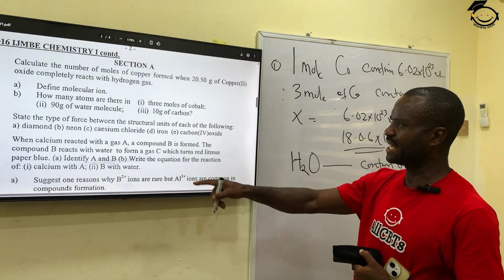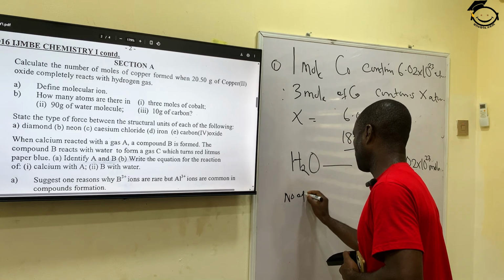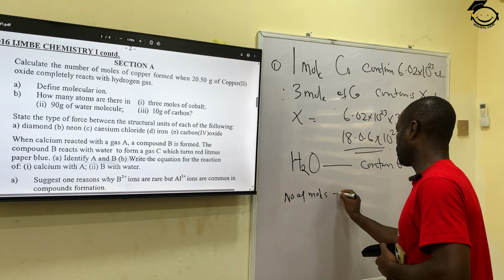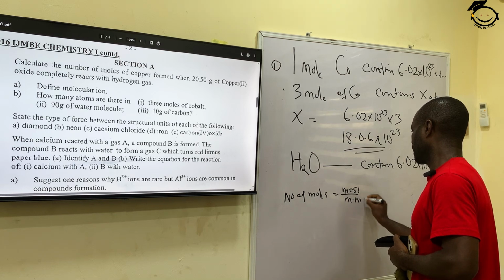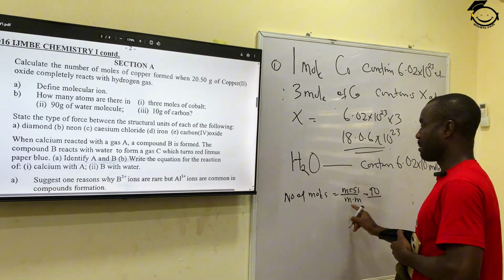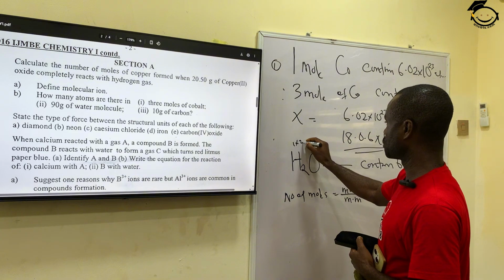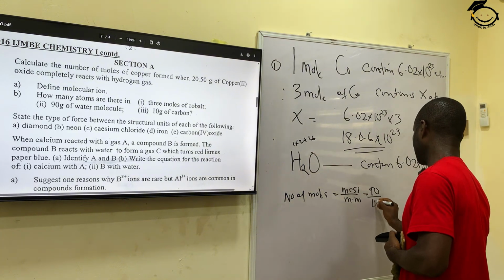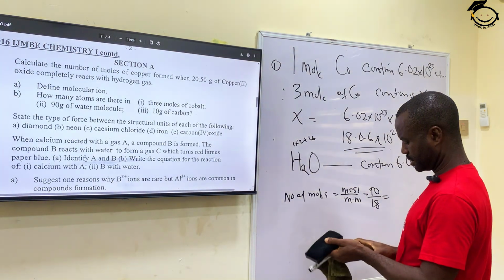But for us to find the number of moles, number of moles equals mass over molar mass of water. So the mass given is 90 divided by the molar mass of water, which is 1 times 2 plus 16, which is 18.